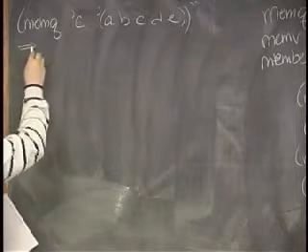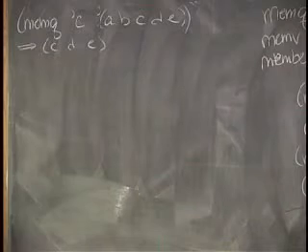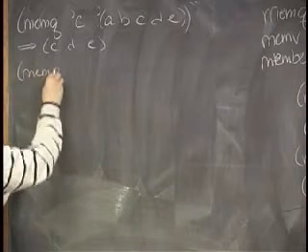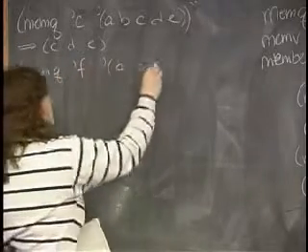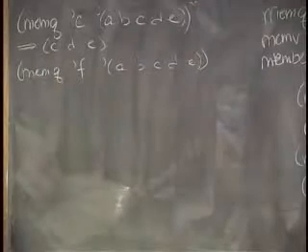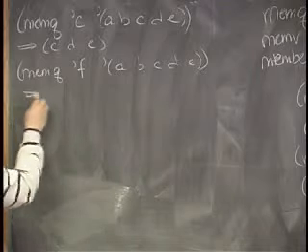The list C, D, E. Okay, how about memq, F on the list A, B, C, D, E? Is F in the list? No. So it actually returned false.